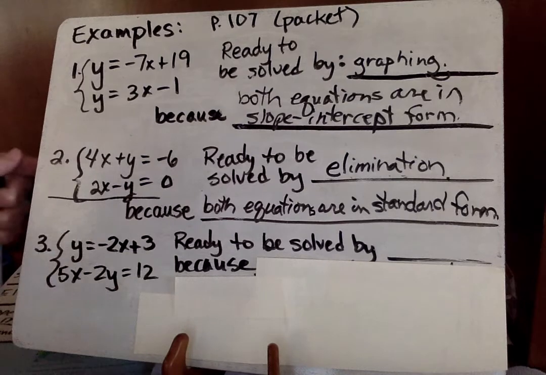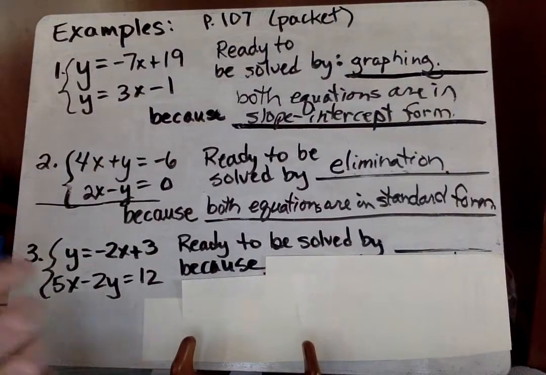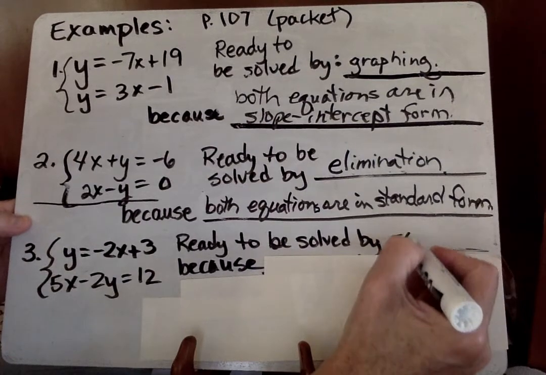The next one, number 3, when I look at that, y equals negative 2x plus 3, 5x minus 2y is 12. It's ready to be solved by substitution.